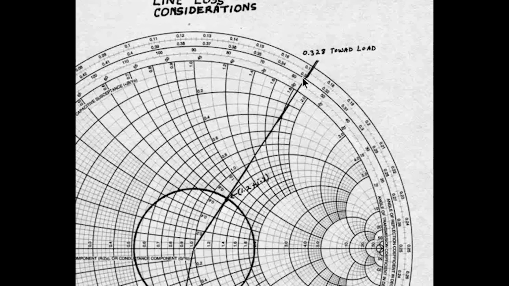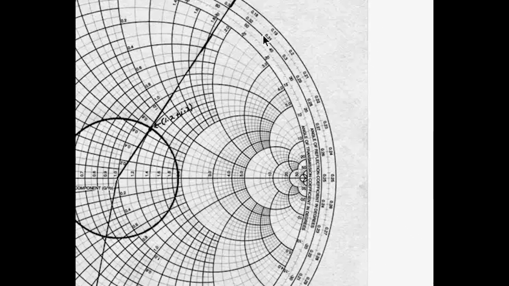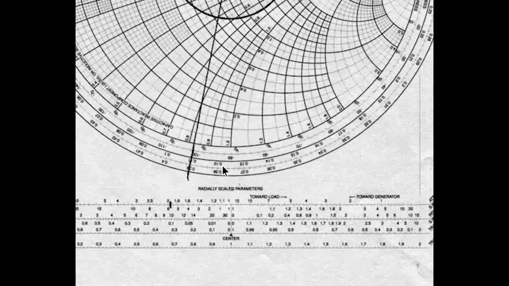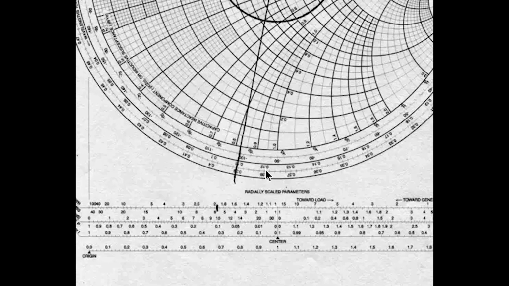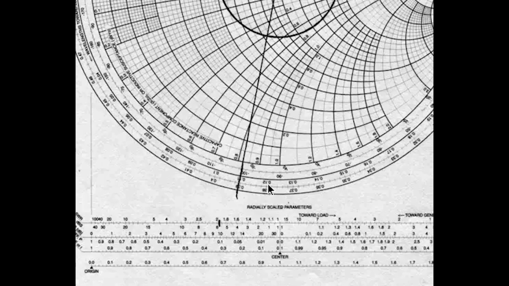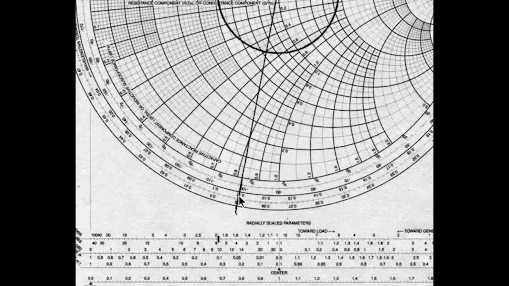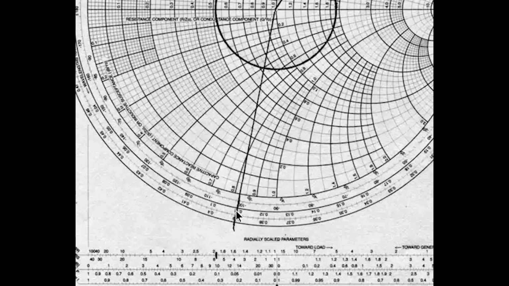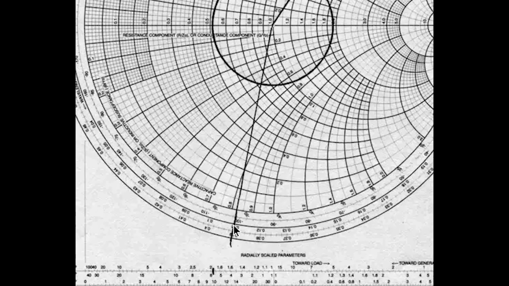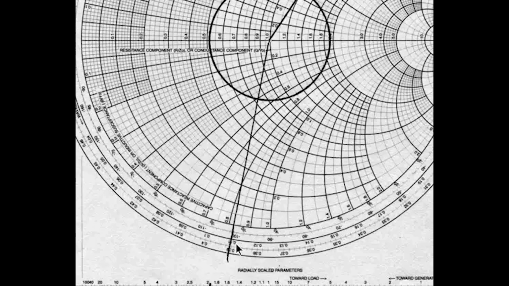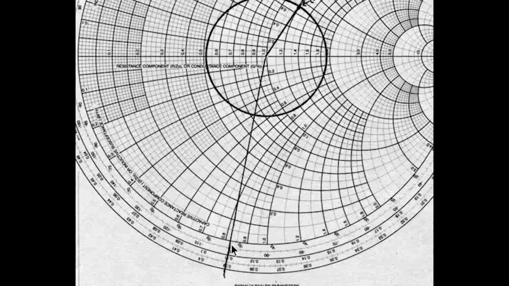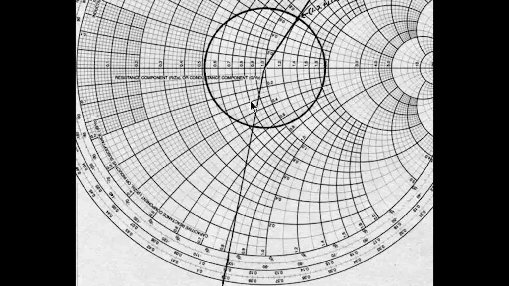So here was the 0.328. I added the 0.282 to it, and I subtract the 0.5 wavelengths, and I end up here at 0.110 on the toward the load scale, which is the second one in. So now I just draw this line from prime center out.